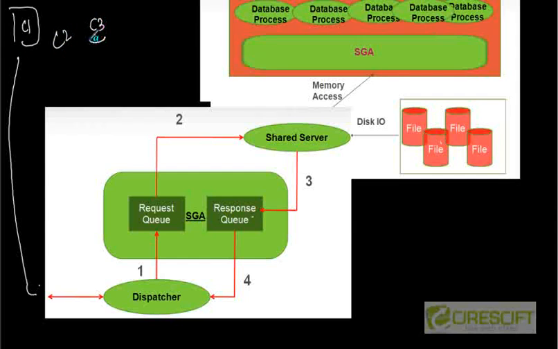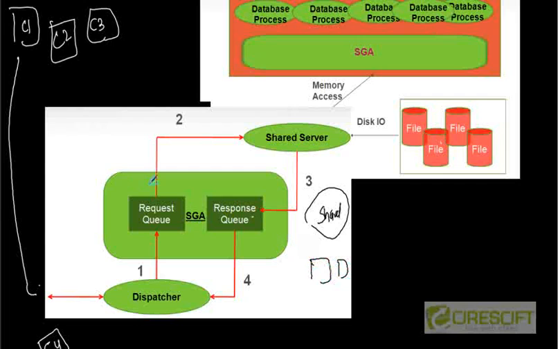C2 and C3. Let's say we have a parameter where we say how many clients per shared server. Let's say we are just having 3 clients per shared server. That means when client number 4 comes, the listener is going to create another shared server, another request queue and response queue exactly similar to what we are showing here, and then client 4 is going to have its dispatcher process.